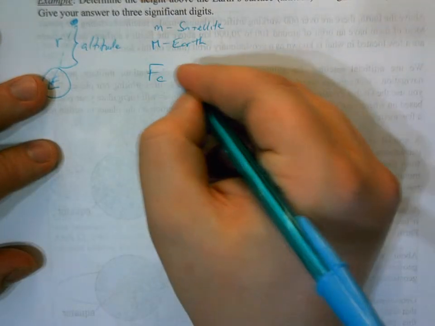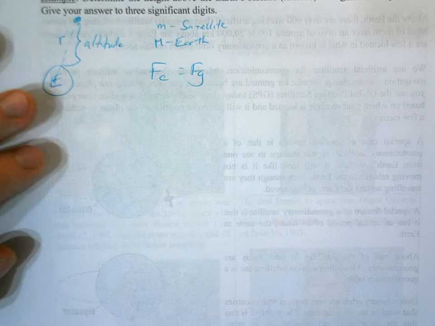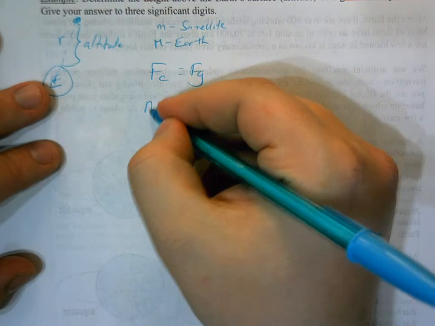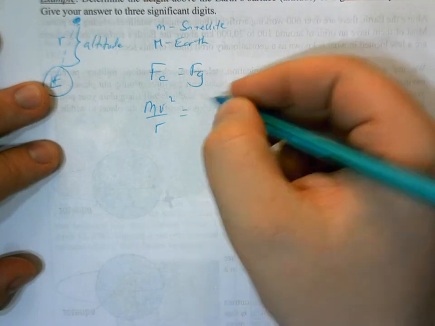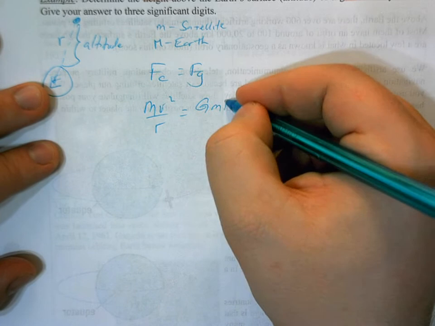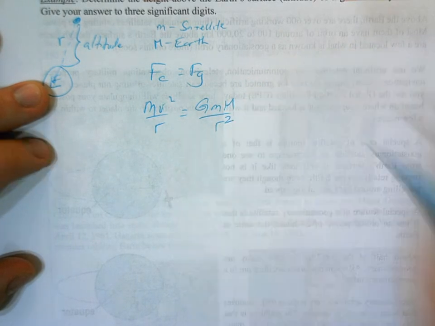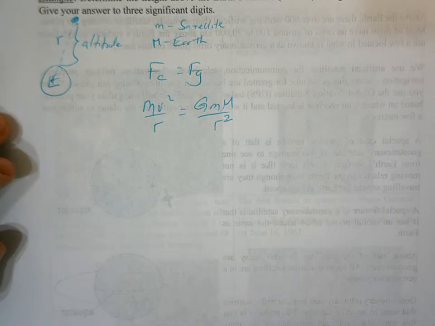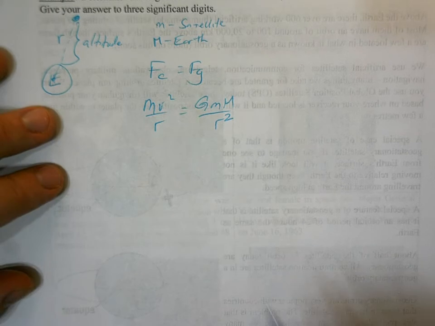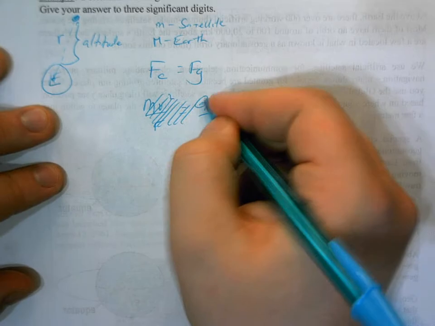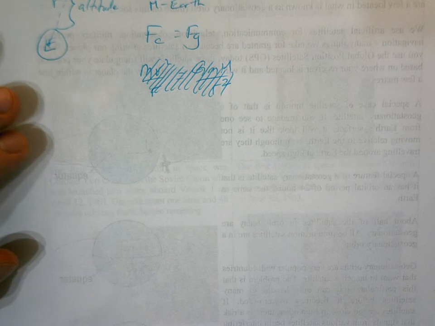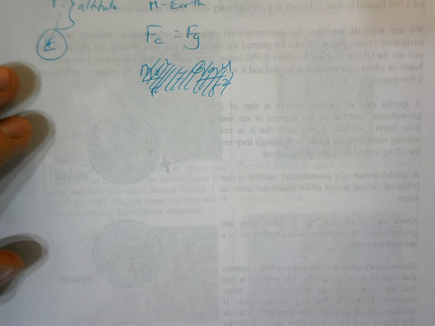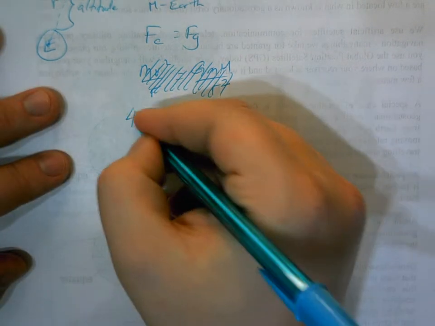For all of these orbital motion problems, our starting point is still going to be Fc equals Fg. So I'm going to have mv squared over r equal to GMm over r squared. Now, let me correct myself here. For centripetal force, since I know for a geostationary satellite the period is 24 hours, I want to have something with period instead.